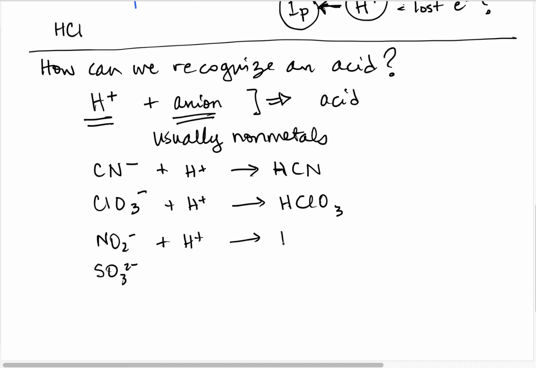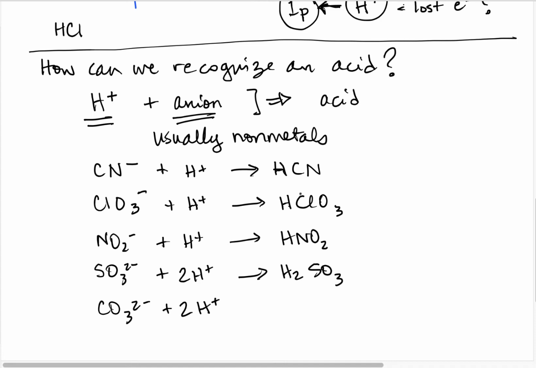So this HNO2, yep, hydrogen nitrite, 2 H pluses, H2SO3, absolutely. All of these are acids. All of these are weak acids, except for this one, which is borderline.